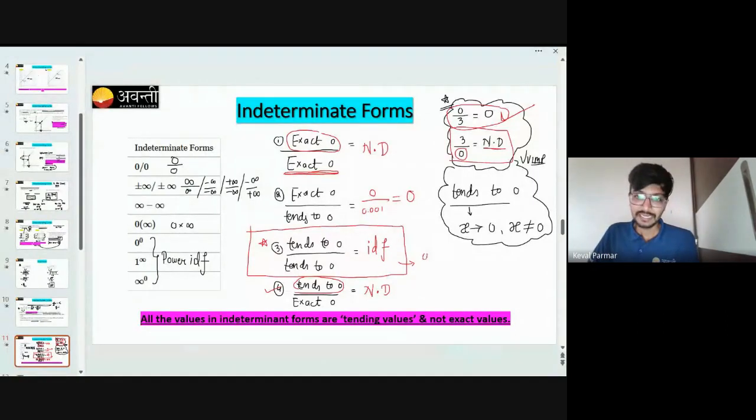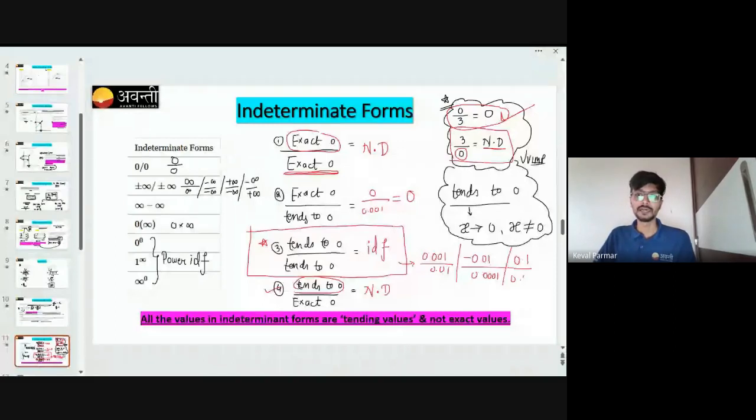If I write 0.001 upon 0.01, this is one of the possibilities of tends to 0 upon tends to 0. Or if I approach from the left-hand side, I can write minus 0.01 upon 0.0001.